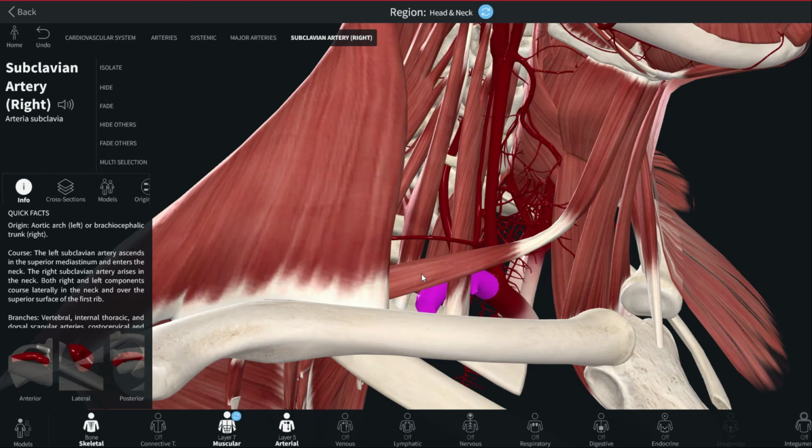Okay. Now, just like the subclavian artery, the subclavian vein is also part of the subclavian triangle. So let's quickly see to that.